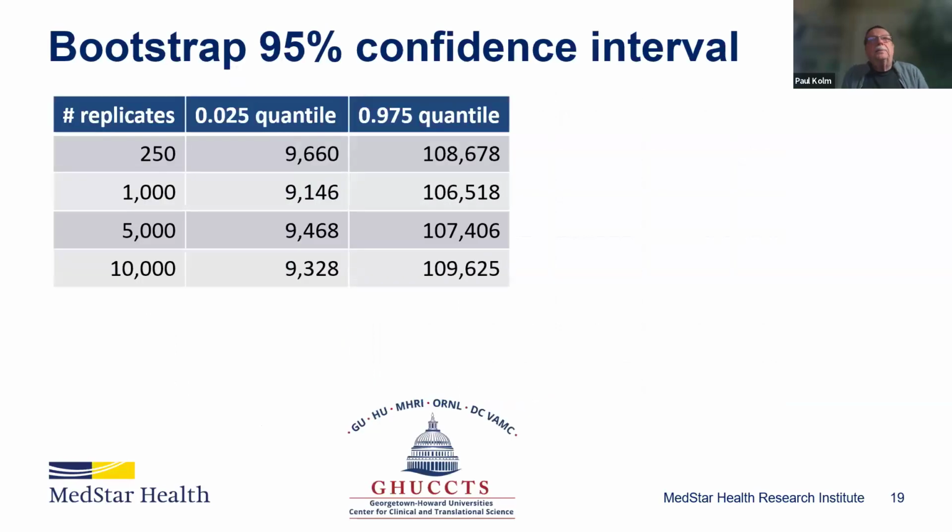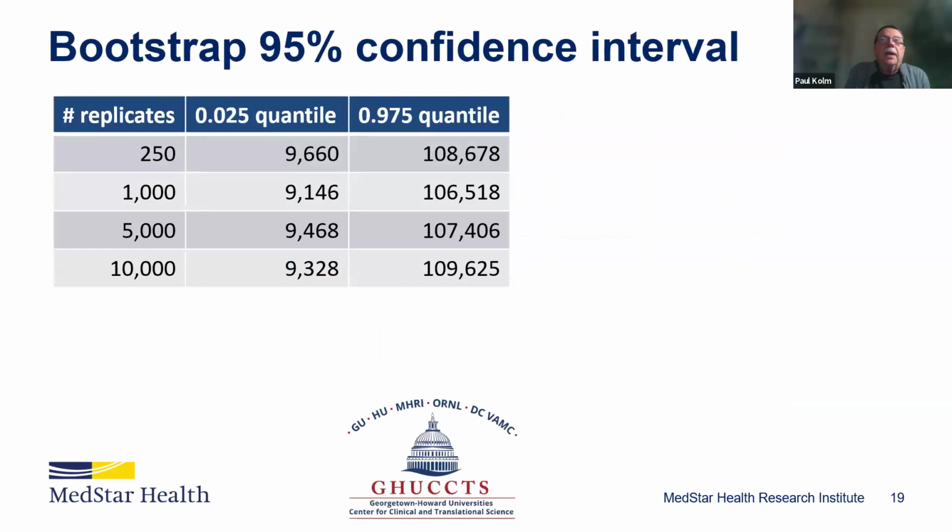So I have an example here where we have calculated the 95% confidence interval, and I've done that for a different number of replications of the bootstrap: 250, 1,000, and up to 10,000.